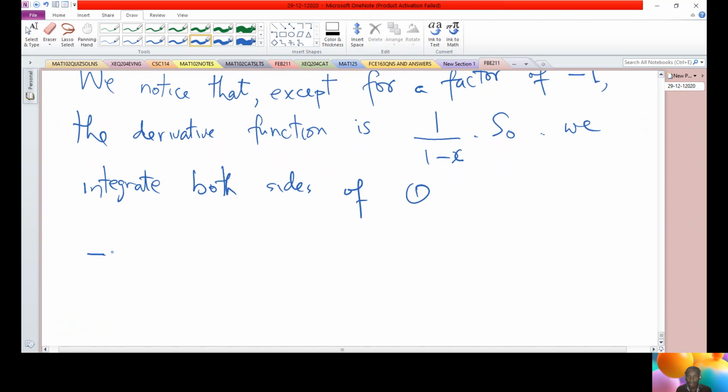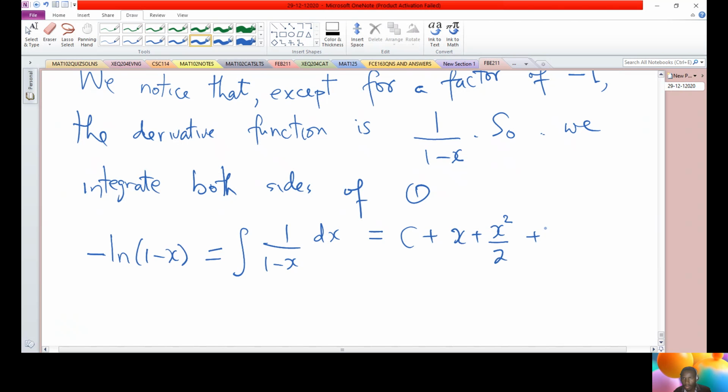So we have negative ln of 1 minus x equals the integral of 1 over 1 minus x dx, which will be c plus x plus x squared over 2 plus x cubed over 3 plus other several terms.